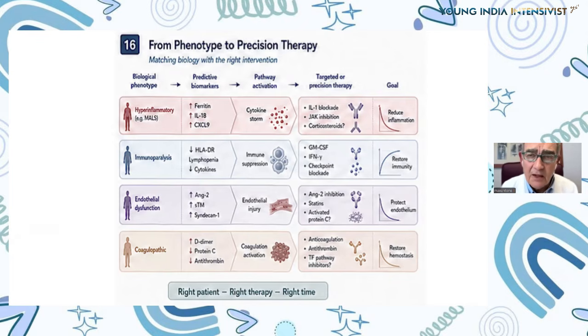Can we do something at that point? Yes, because we can use a blockade of interleukin 1, a JAK inhibitor, or at times we can use the corticosteroids, which are our goal in this case, to reduce the hyperinflammation, reduce the inflammation, restore a condition that can be quite stable.